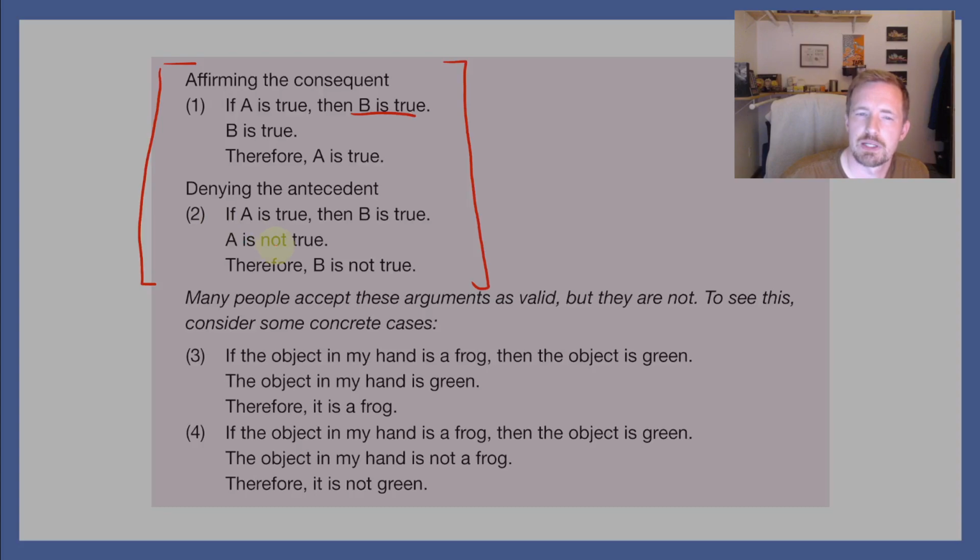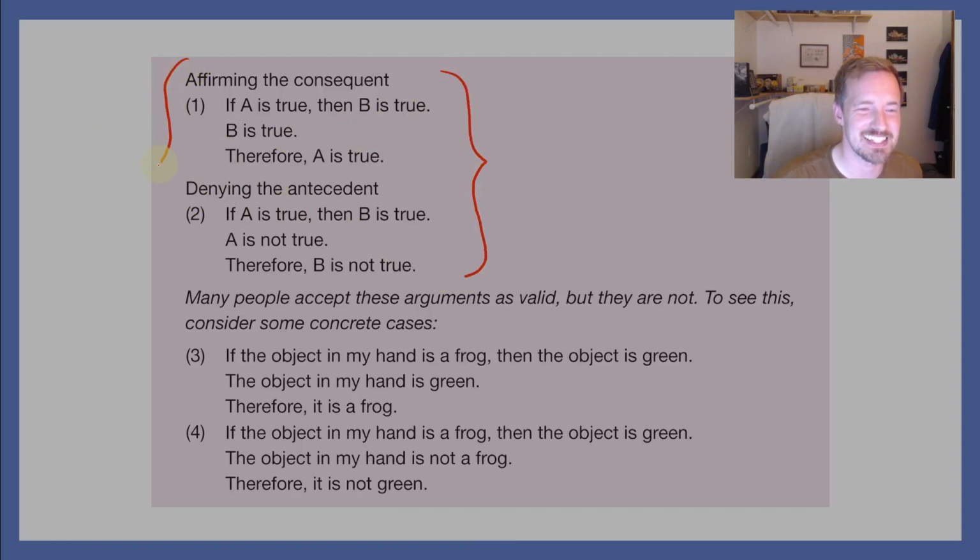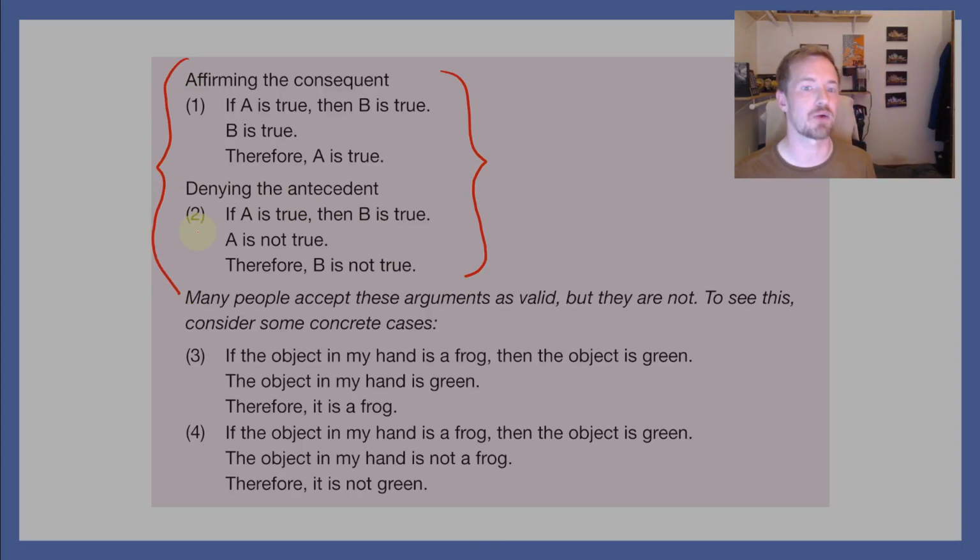Hold on. Wait, let me... Actually, no, I'm wrong. So this is how confusing this stuff is. This is actually wrong. This is bad logical reasoning. These are logical fallacies, and I was playing right into it because it sounded correct.